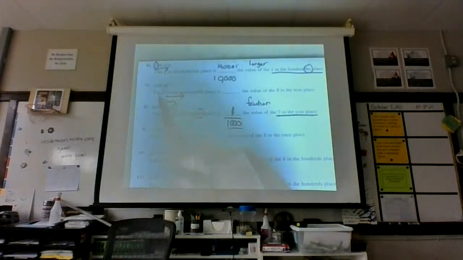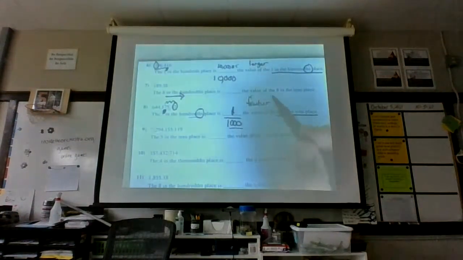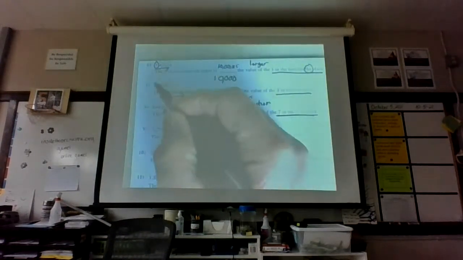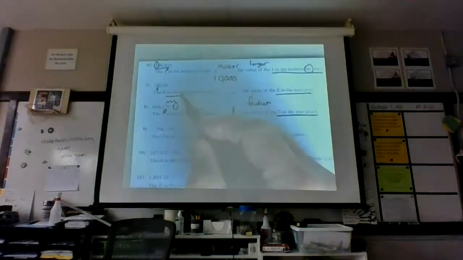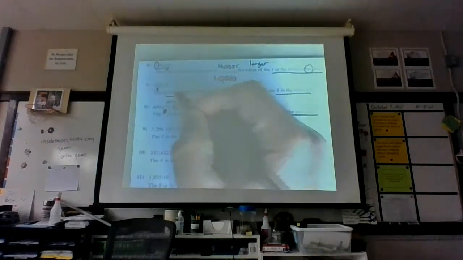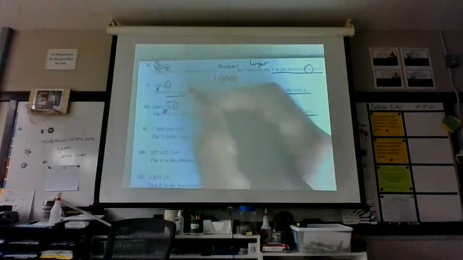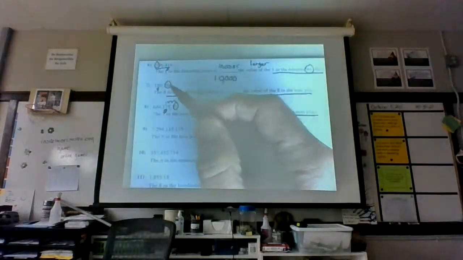If we look at number 7, the 8 in the hundreds place is what? How many times the value of the 8 in the tens place? We mentioned the tens place first. Let's go find it. It's right here on the left of the decimal point. Which one got mentioned last? Or which one got mentioned first? The one in the hundreds. THS tells me it's going to be behind the decimal point. How far apart are they?